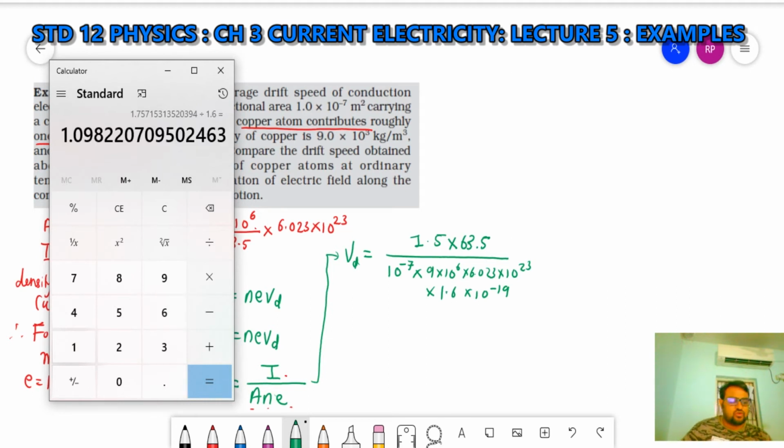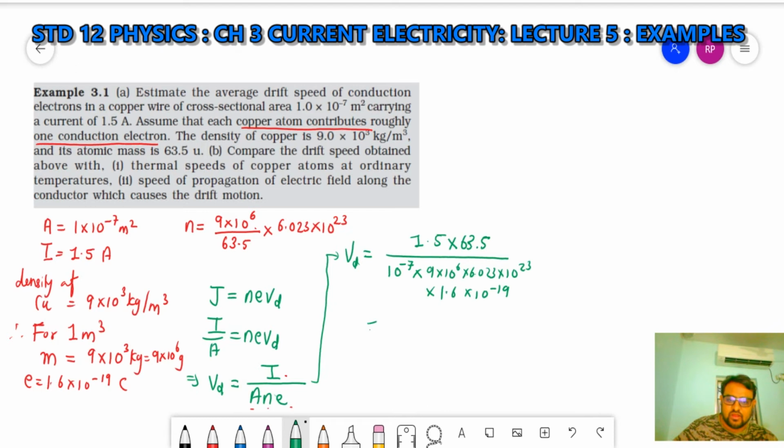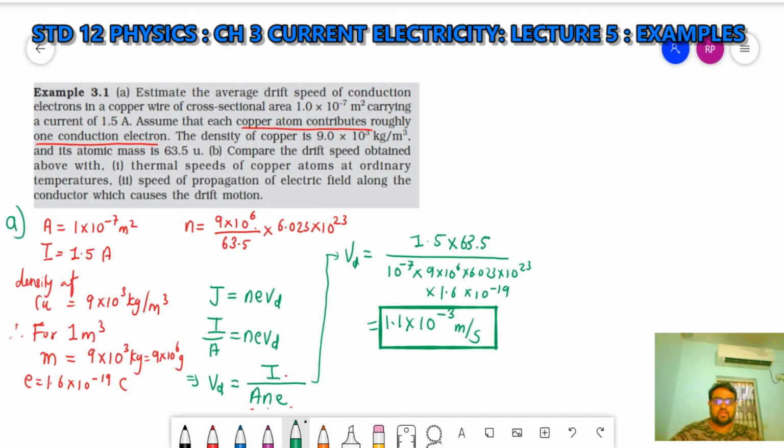I got 1.09, so as a round figure I will write it as 1.1 into 10 raised to, here 23 plus 6 is 29, minus 19, minus 7, so that will be equal to 3, and when it goes to the numerator it's minus 3. So it's 1.1 into 10 raised to minus 3 meter per second. This was the first one, A.